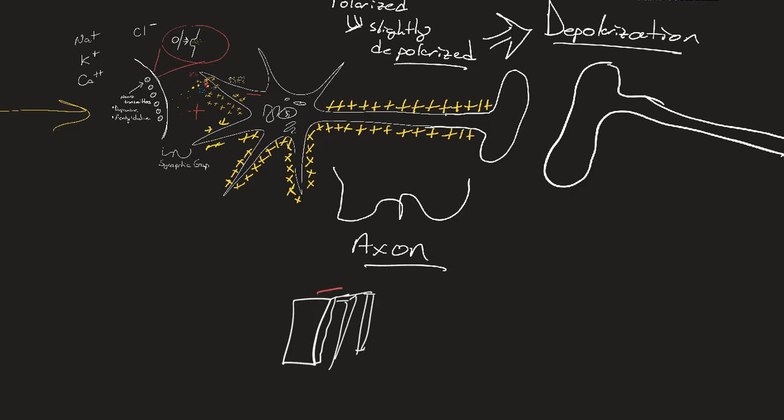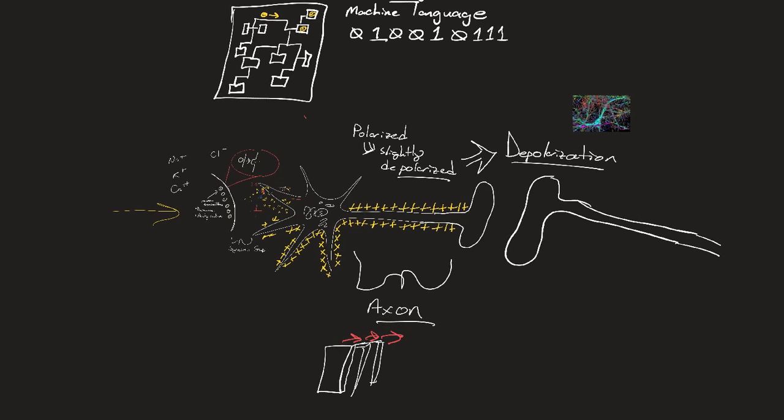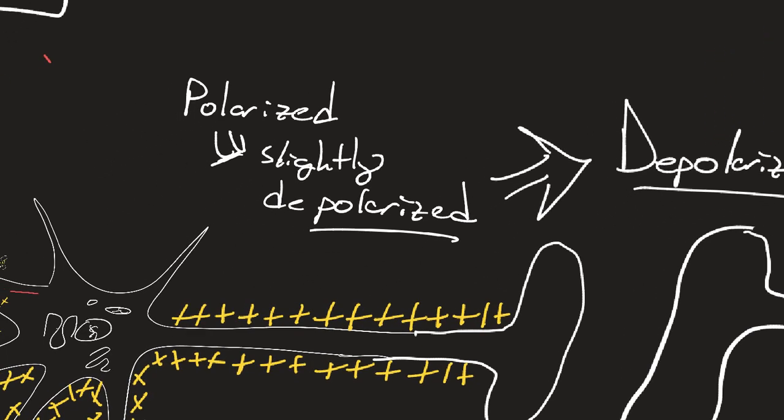You push one, it goes into the next, and in the next, right? Well, that's what's happening here. You're depolarizing one part of the membrane, and it depolarizes the next part all the way down the axon.